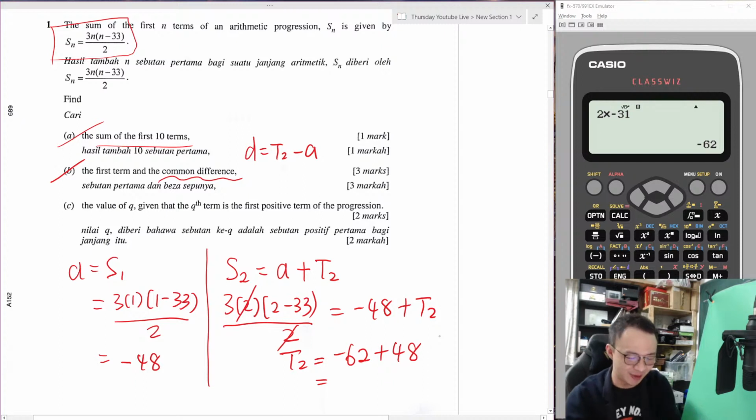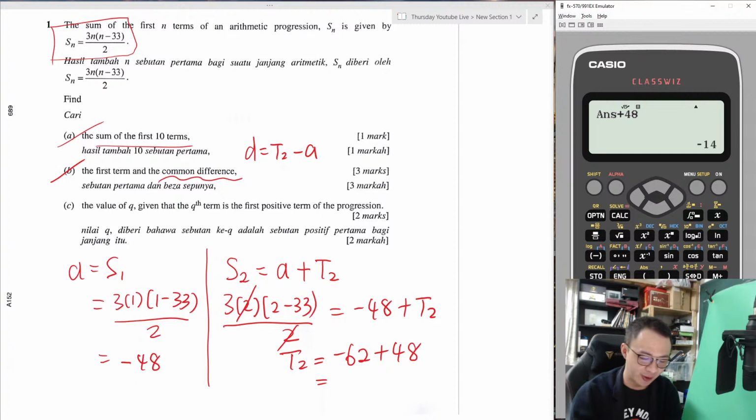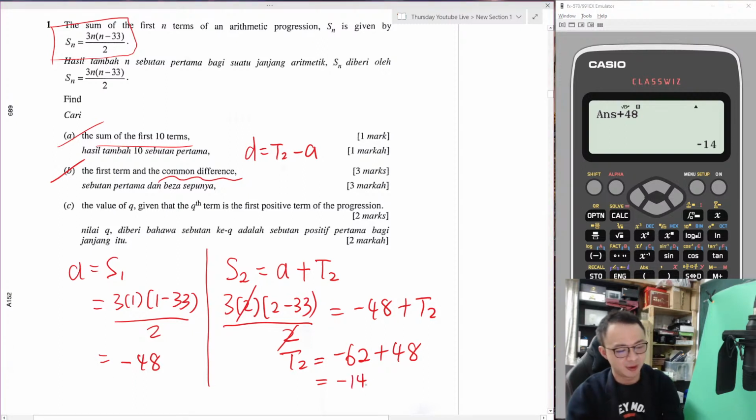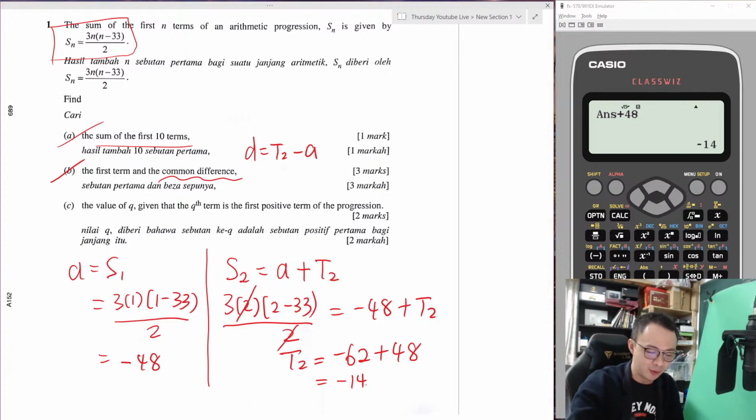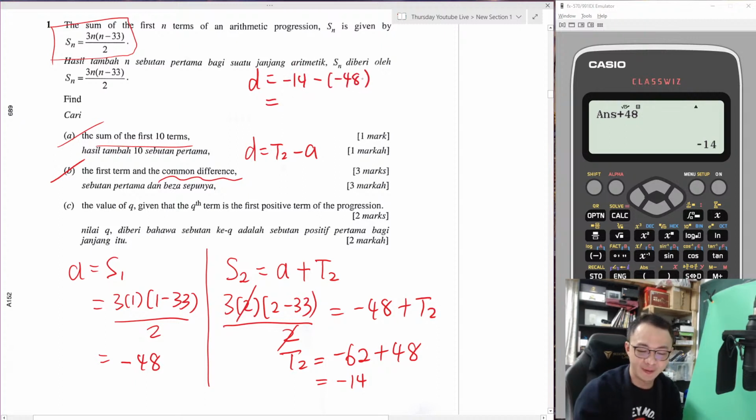Negative 31, so plus 48, we get about negative 14. If negative 14 is my second term, I want to find the common difference. Common difference is the second term minus the first term, so I will have negative 14 plus 48, 34.